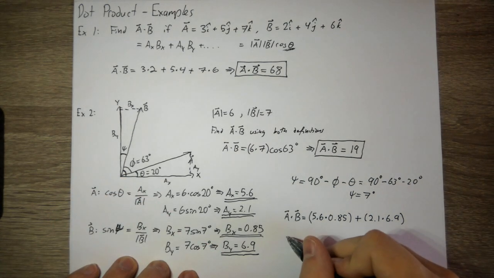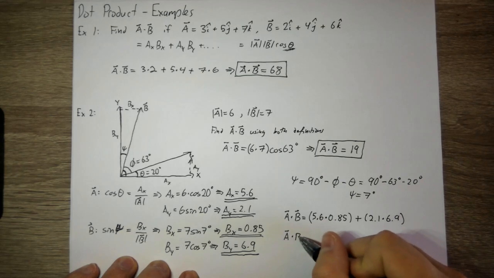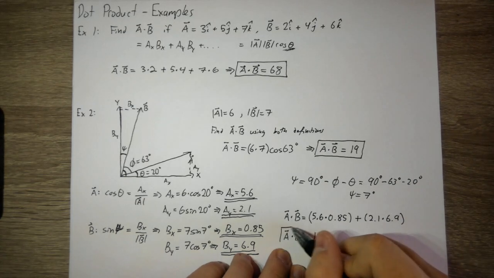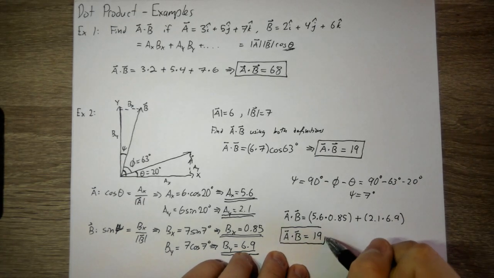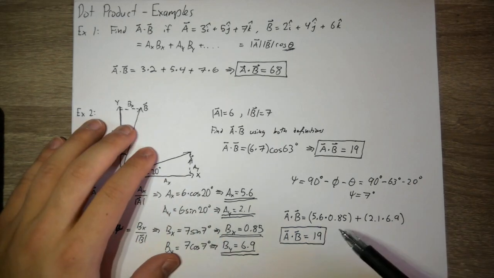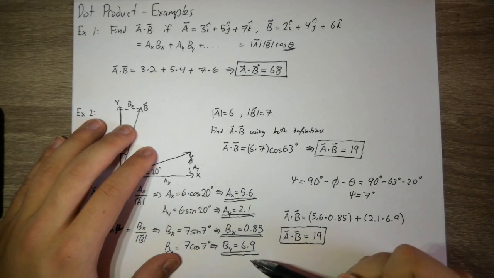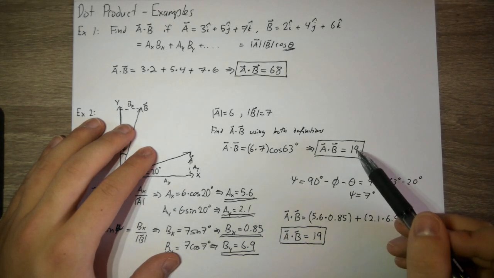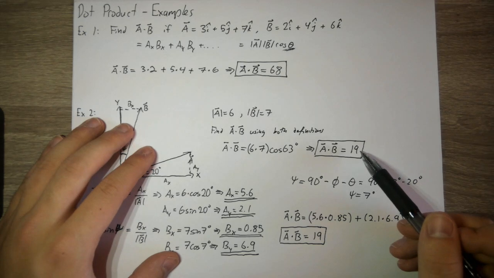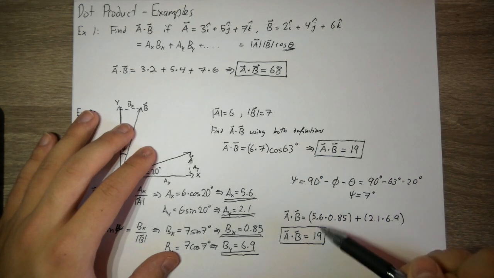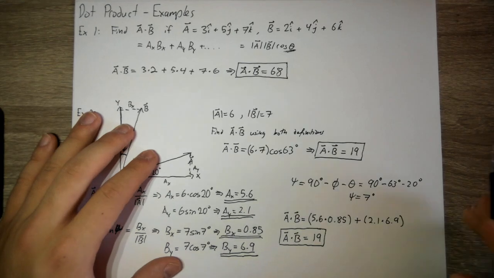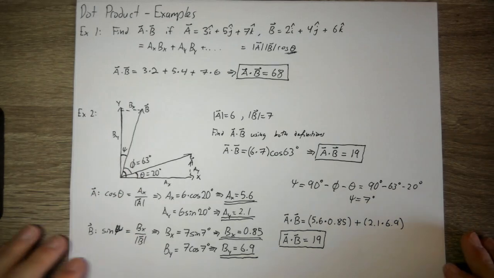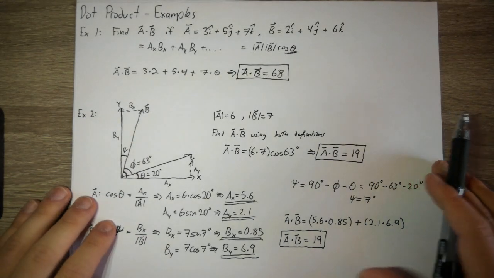When you plug that all in, this will work out to 19. The value might be a little bit different because we rounded some numbers as we went. If you keep all of your digits, it should be exactly the same. So if you see that discrepancy, it is because of rounding as we went. It's good not to round as you go, but to round at the very end.